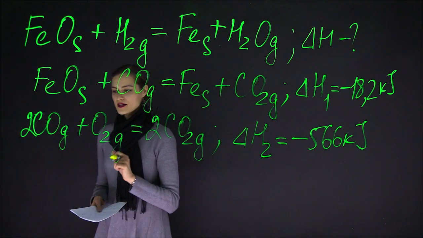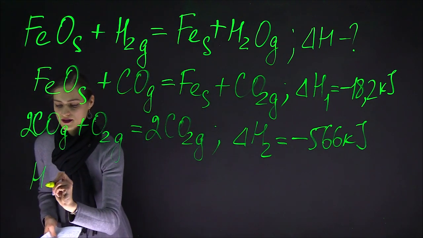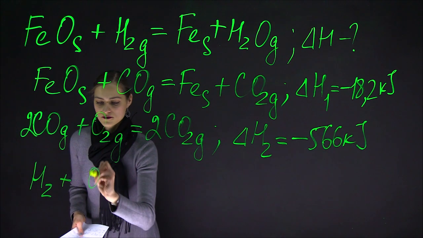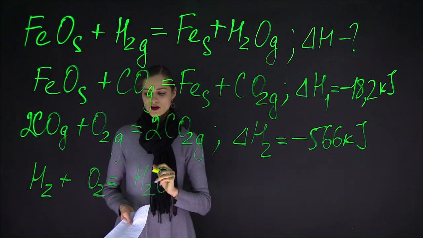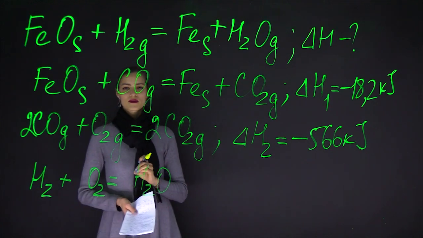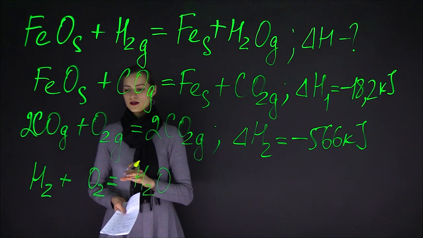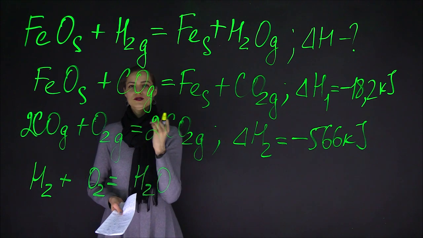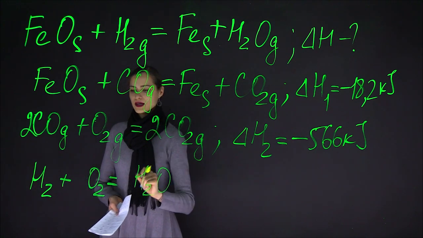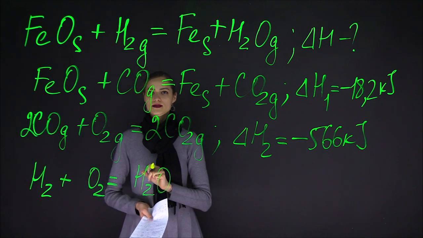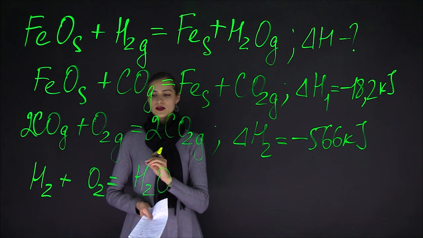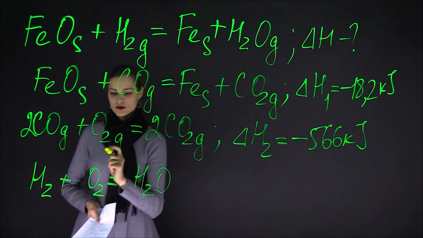Let's write this reaction between hydrogen and oxygen, and it produces water vapor. But we remember that the standard heat of formation is the heat needed to produce just 1 mole of a complex substance from simple substances, and according to this thermochemical equation we can use fractional coefficients.